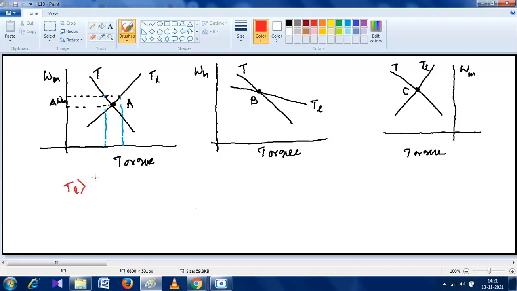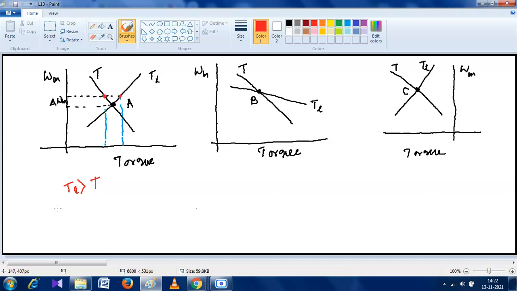Load torque TL is greater than machine torque T. This is the machine torque point and this is the load torque point. From the figure we can easily see that the load torque is greater than the machine torque. Then what will happen? Deceleration.